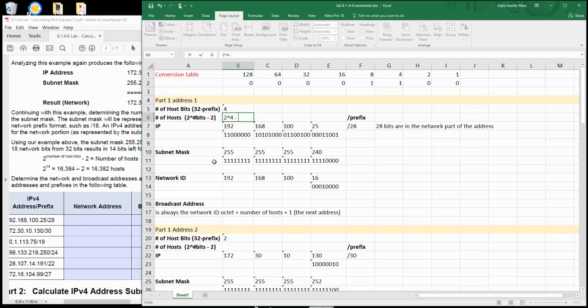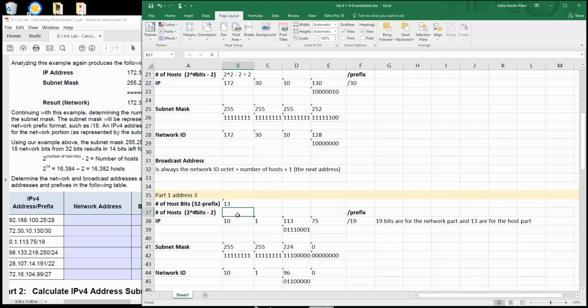And then you subtract 2 from that. So what does that equal? 2 to the power of 4 is 16 minus 2. So we have 14 hosts on each one of our subnets. That's what the number of hosts means. This one is 14. Okay? So here, 2 to the power of 2, which is 4, minus 2 equals 2. Lots of 2's there, but we have 2 in the second box.